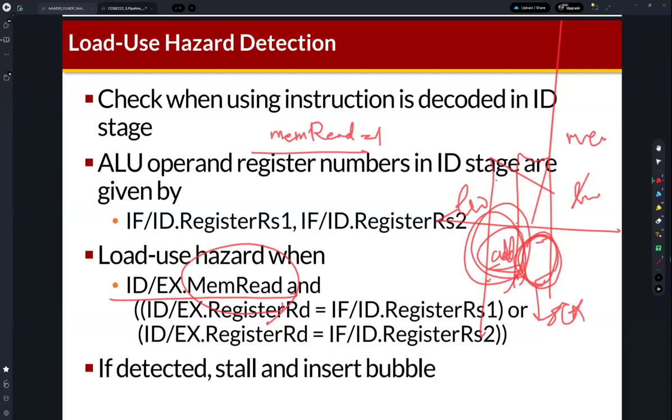So how can we make the no operation? If we just make all control signals zeros, then the instruction will do nothing. It's no operation. So we can generate the no operation like this: we make all control signals zeros, right?